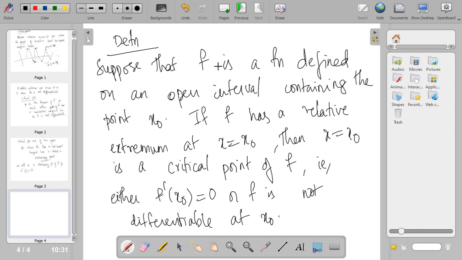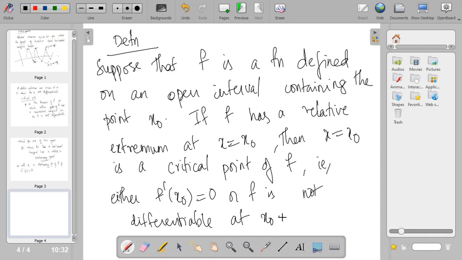So if you have a function f defined on an open interval containing the point x naught, and if f has a relative extremum at x equal to x naught, then x equal to x naught is a critical point of f. That is, either f dash of x naught is equal to 0 or f is not differentiable at x naught.